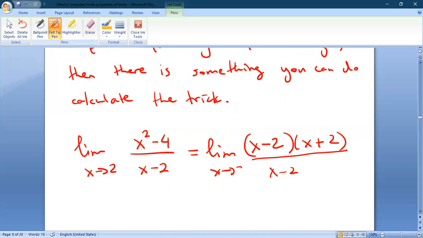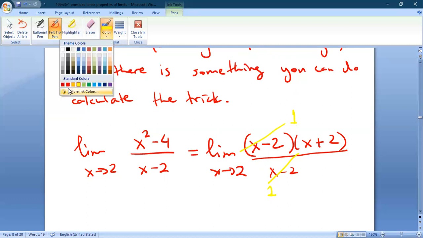So I can actually simplify this x minus 2 and this x minus 2. Then there will be a 1 left here, and a 1 left here.